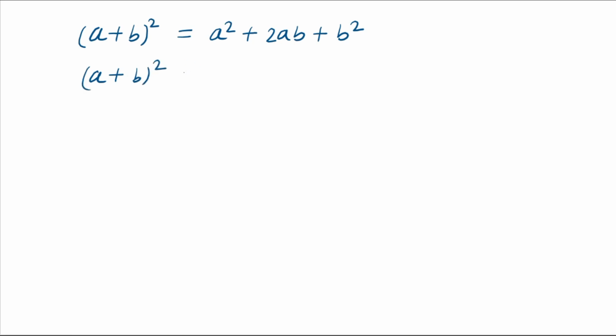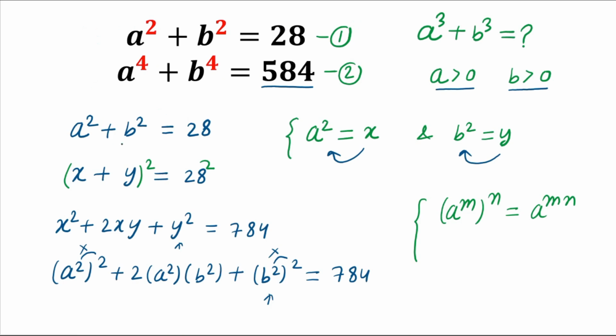Now we know that (a plus b) whole square equals a square plus 2ab plus b square. Look carefully at equation number first: a square plus b square is 28.